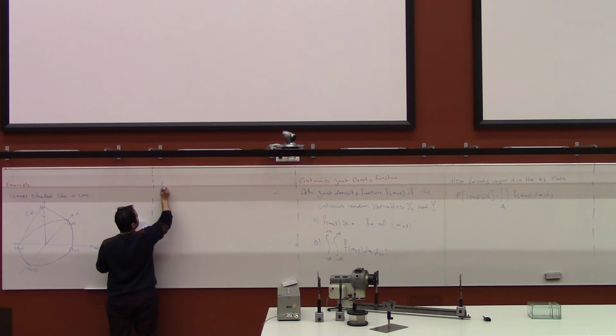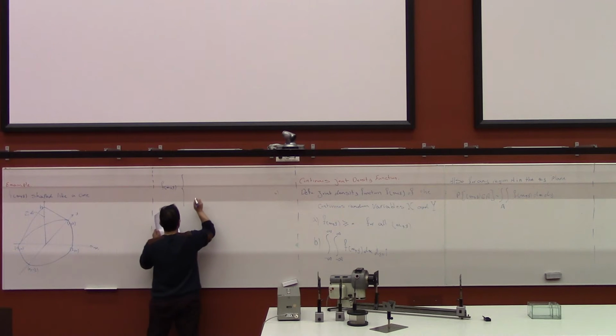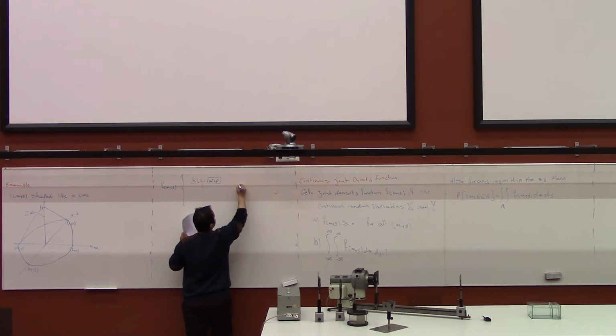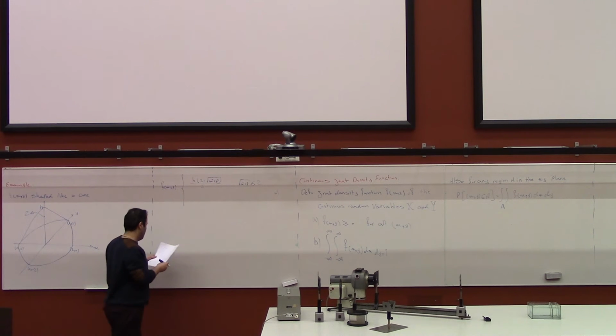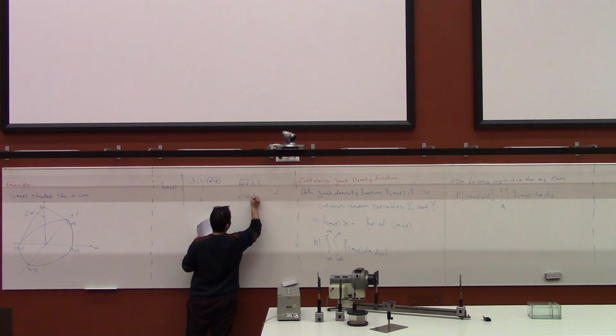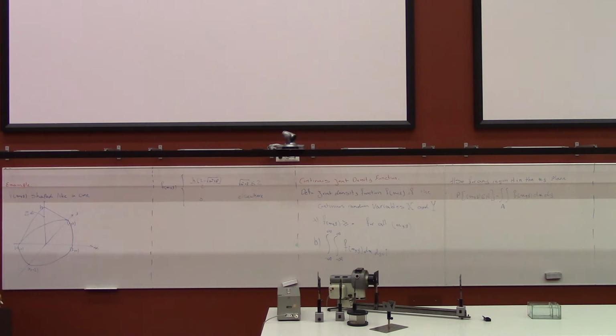You can say f(x,y) is equal to h minus the square root of x² plus y², where x² plus y² is less than or equal to r², which is 2, and 0 otherwise. Okay, we have the properties for this shape.